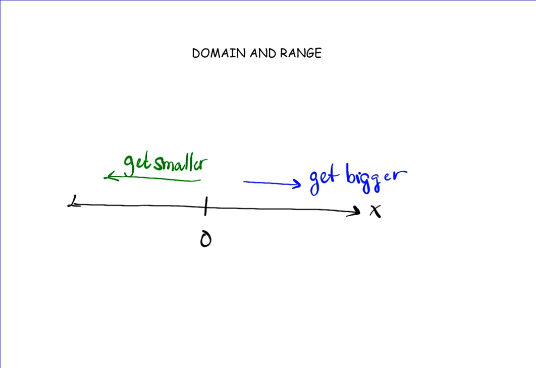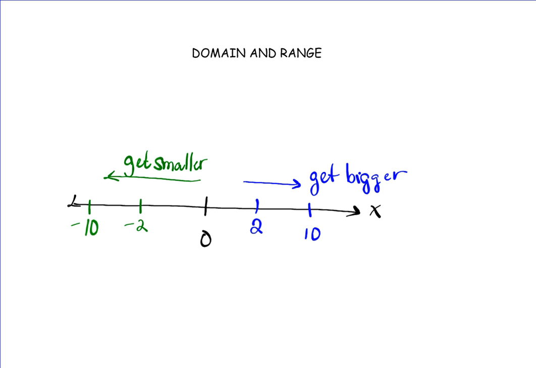For example, -10 is smaller than -2, while 2 is smaller than 10. So that's our horizontal number line.